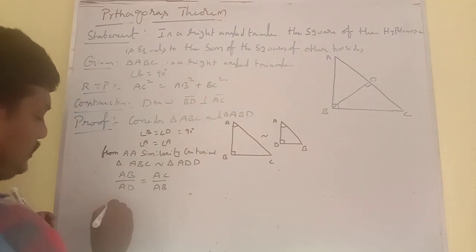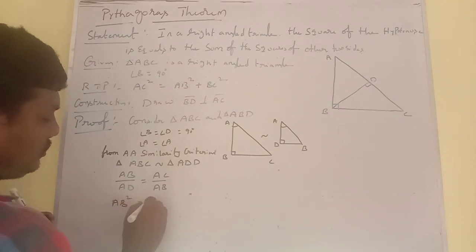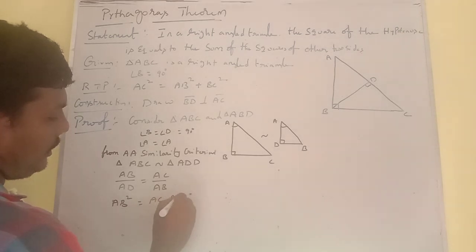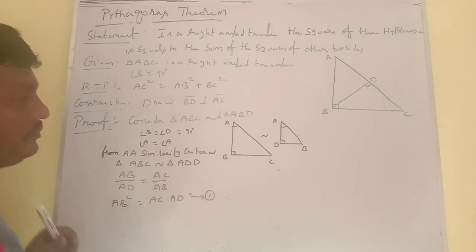If you multiply, AB square is equal to AC into AD. Make it the first equation.